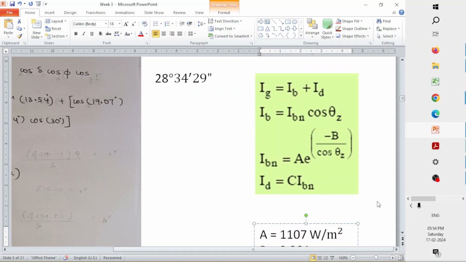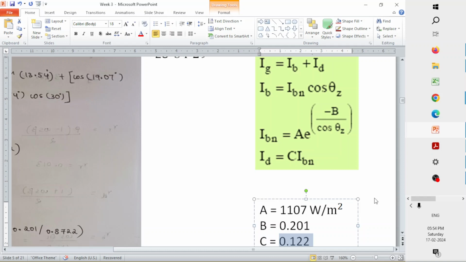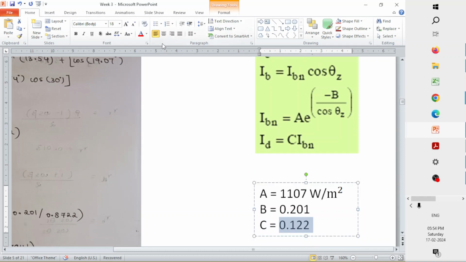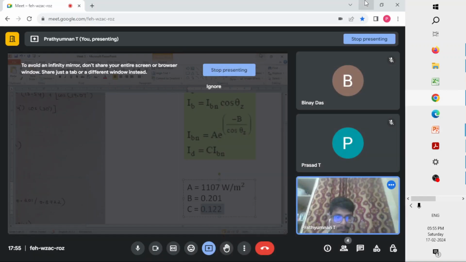So ID is nothing but C times IBN. C is 0.122, IBN is 3164.94, and then let me know what the value of ID is. It's just multiplication.